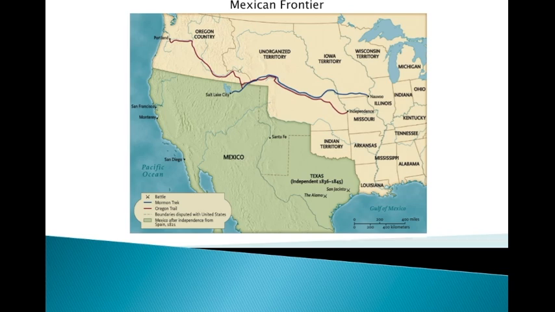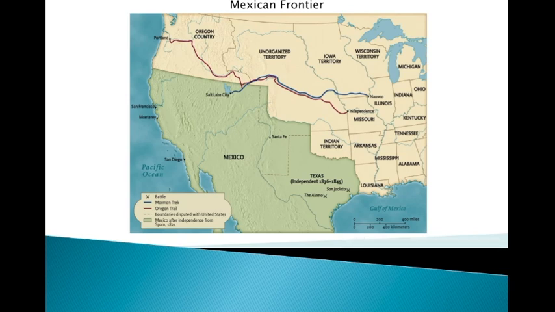But the Mexican government was concerned that its hold on the Texas land was weakening. And in 1830, it annulled the existing land grant or contract and barred future immigration into Texas from the United States.